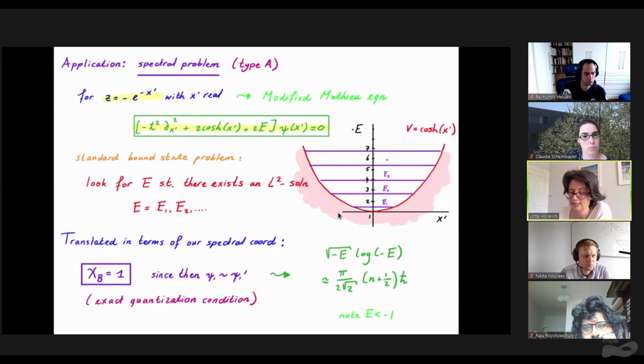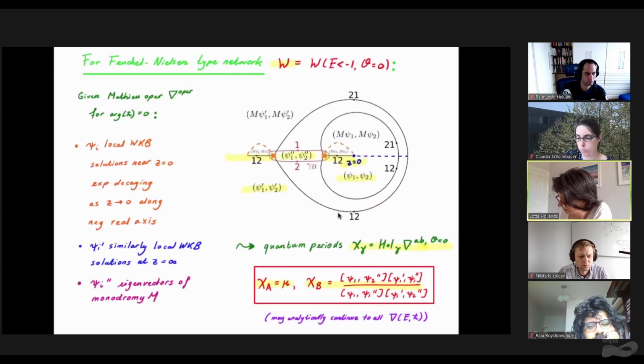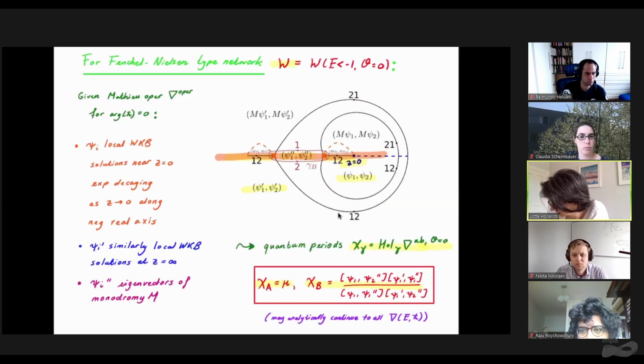If we translate that problem in terms of our spectral coordinates, it just says that xb is equal to 1, because if we consider this problem, we're really looking at solutions along this axis. So we're looking for L2 solutions, solutions that are decaying at either end.